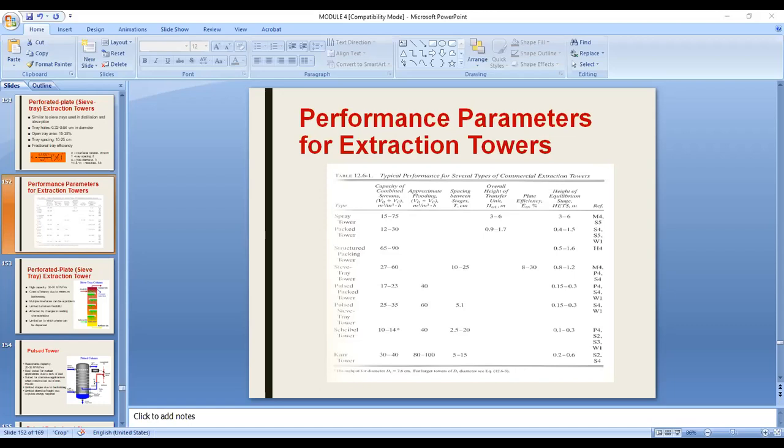So this is the approximate sum of the flooding velocities of the dispersed and continuous phases for these particular types of towers. Again, your handbook has an equivalent of this. From this approximate sum of the flooding velocities, you'll also be able to determine the acceptable range of the capacity of the combined streams.